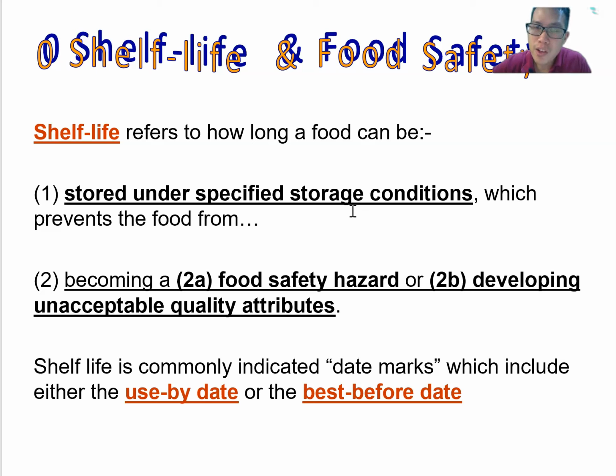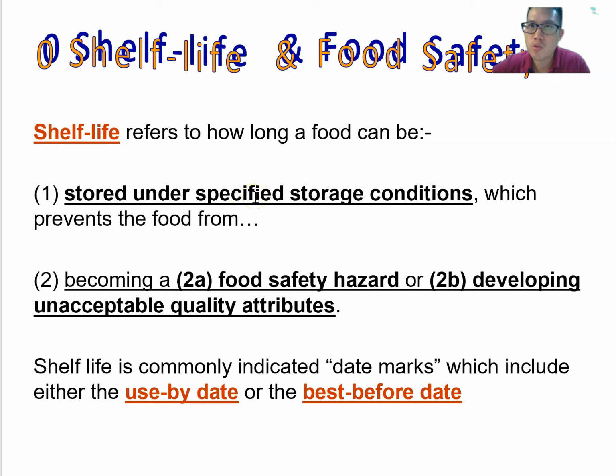Even though the packaging says the expiry date is July 2020, because of your storage condition which is not optimal, very high humidity, very high temperature, your food didn't even reach July 2020. Maybe in May 2020 it has already gone bad. So it's very important to store under the specific condition so that your food can last longer.